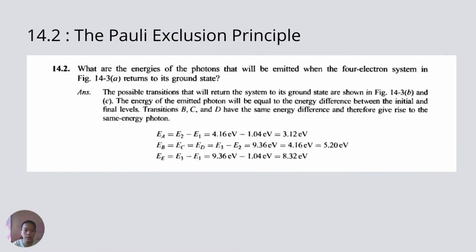Okay, the next question is, what are the energies of the photons that will be emitted when the 4-electron system returns to its ground state?